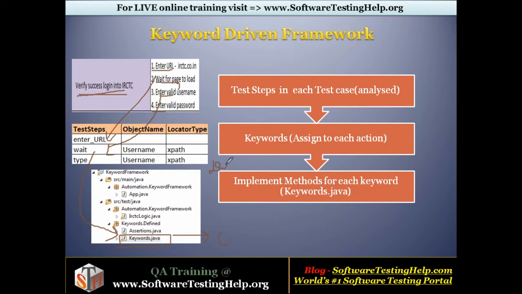So here your driver script will first have a look at your Excel sheet, and whatever you have specified in your Excel sheet, those actions will be performed depending upon the implementation inside your library file. Okay, so that is how a keyword driven framework works, as simple as that. I hope you got an idea of how a keyword driven framework works.